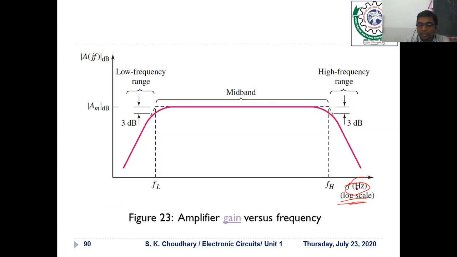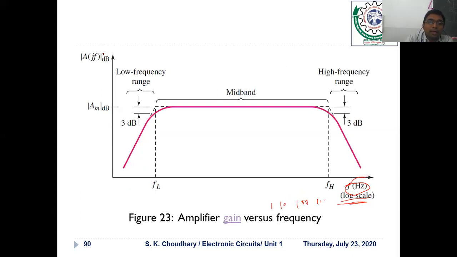I think all of you are familiar with the semi-log graph paper. In that semi-log graph paper, one of the axes is the log scale, where the parameter increases ten times each step, like 1, then 10, then 100, then 1000. So here the frequency would be considered in the log scale.